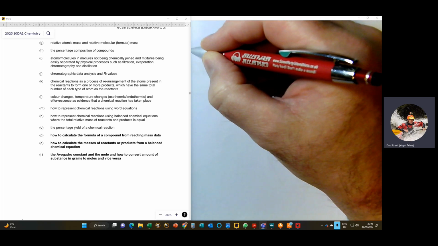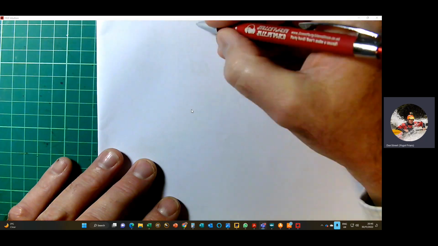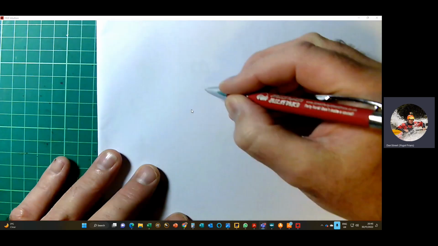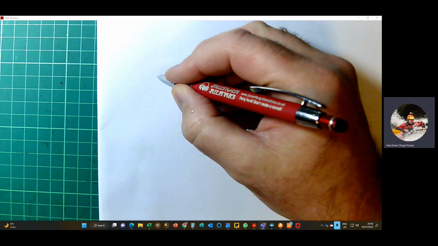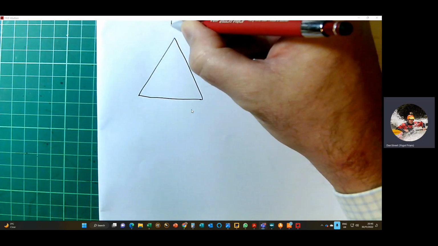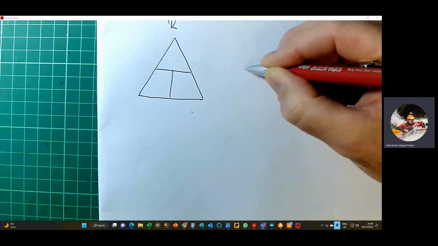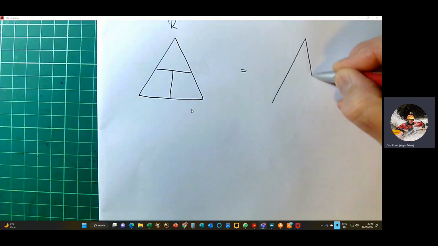So if we take our formula triangle that we've seen before, but add a subtlety, okay, so there we go, there's a piece of paper. So let's call this the reactant triangle. Let's call this the product triangle.